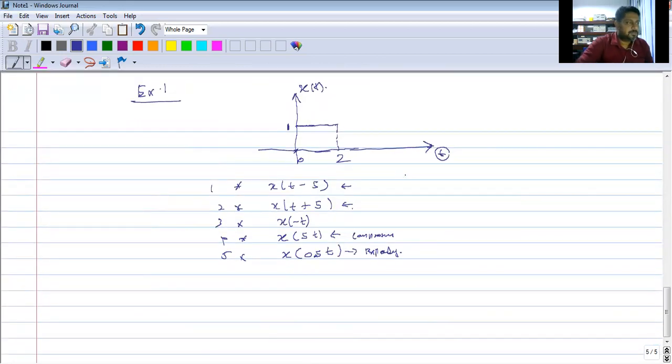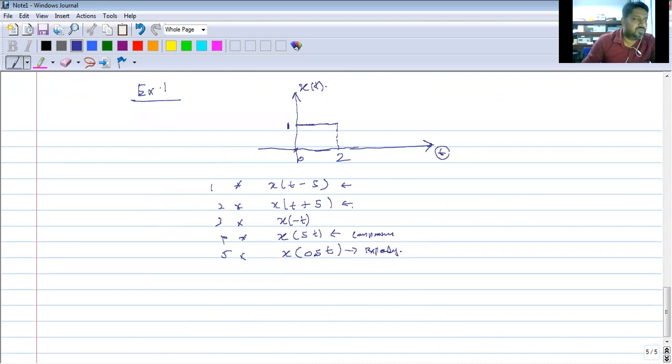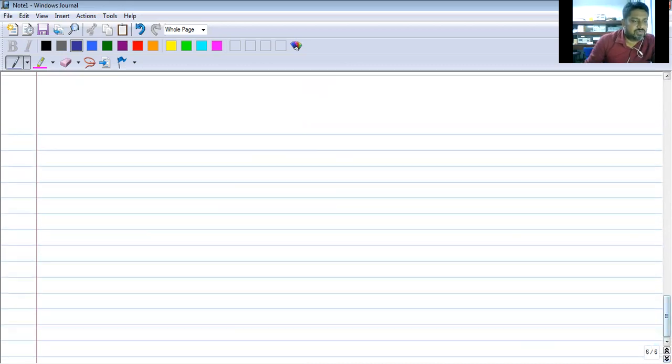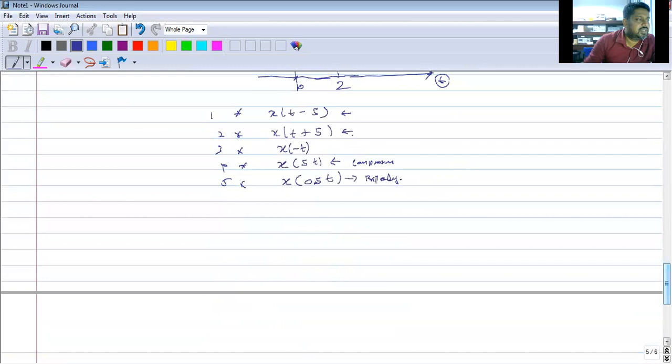So now you already learned that. So this is our x(t). I will write it again here. It is like this, 0 to 1.